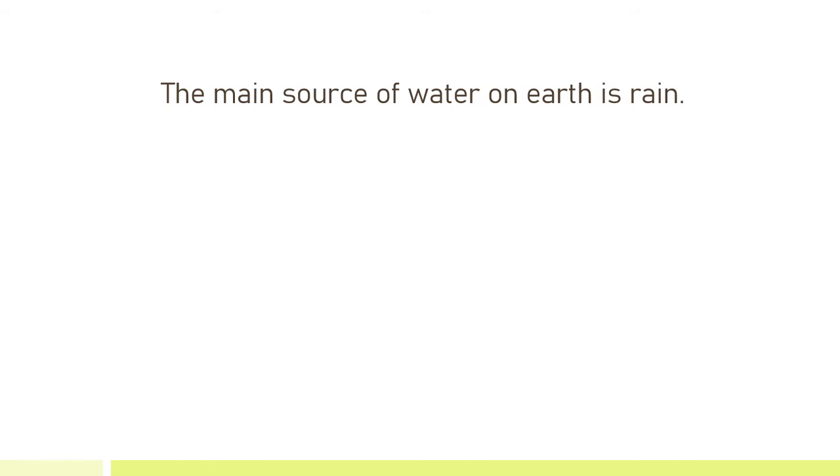As we studied in our last slide, our earth is covered with water. Where does this water come from? This water comes by rain. Rain is the main source of water on earth.